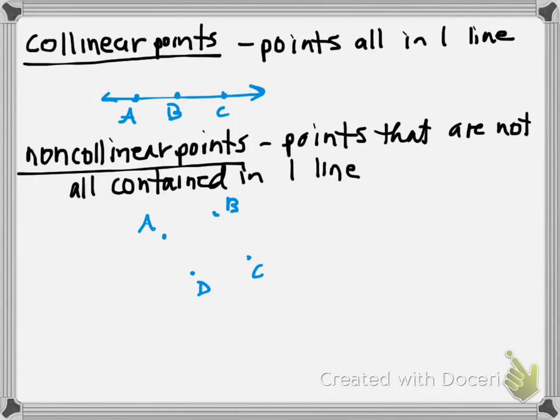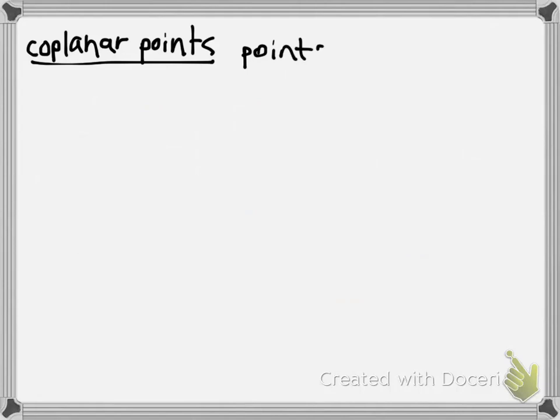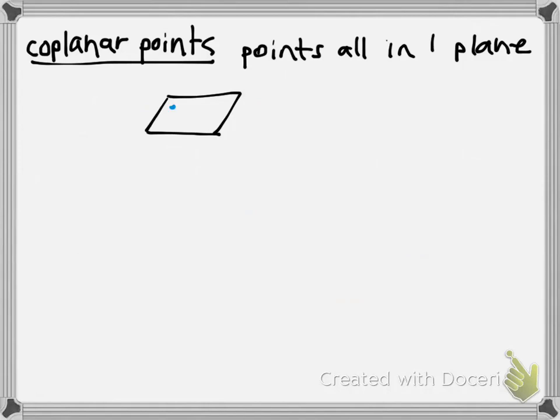And just like we can talk about lines, we can talk about planes. Same idea. So we have coplanar points. And notice spelling is really important. I get really irritated when I have to look at words that are misspelled. Coplanar points are points all in one plane. So there's your plane, and all those points are in that plane.